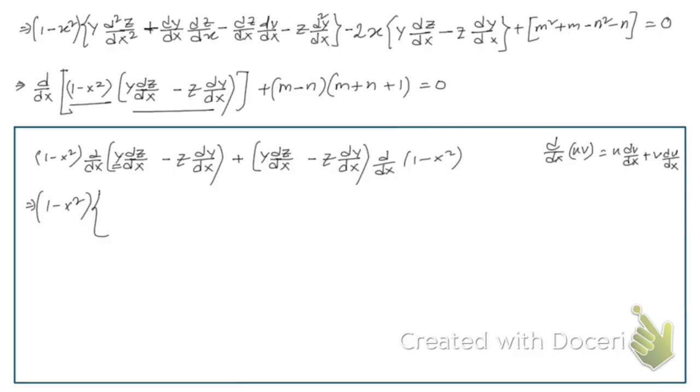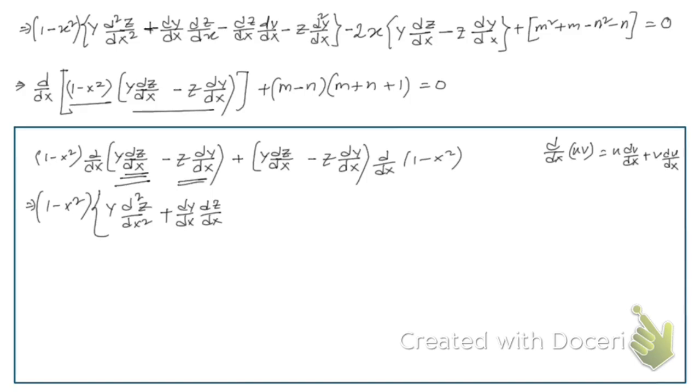Here you see, if you write first function, that is y, and the derivative of the second function, that's going to be the second order derivative of z with respect to x, then plus the second function, that is dz by dx, times the derivative of the first function which is y, so dy by dx, right? Hope you have understood this. Then this part is done.